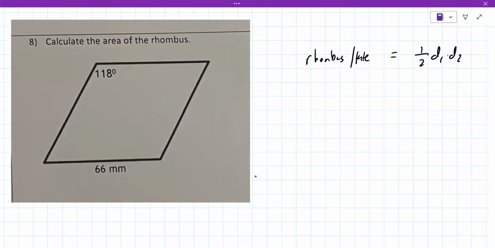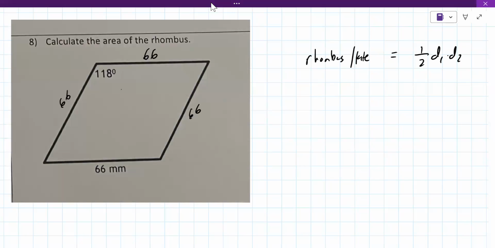Not sure if that's relevant here. We can also use the base times height formula, depending on the problem. But one thing we've got to note here, it might be obvious, is that all the sides are the same. I don't know if that helps here, but all the sides are the same.